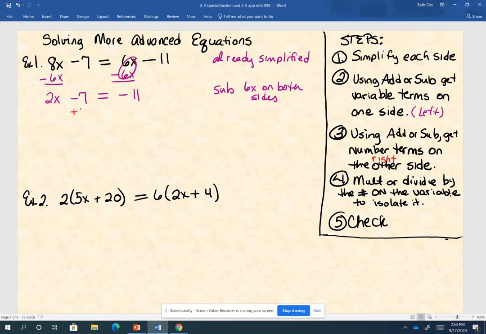I'm going to add it to both sides. And that's going to get the numbers on the other side. So this is now 0, and so I have 2x left. And then negative 11 plus 7 is going to give me a negative 4.